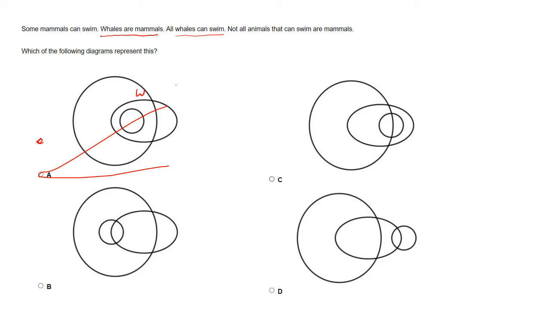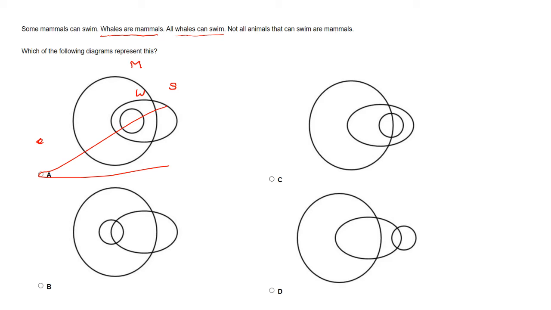So if the oval represents the animals that can swim and the big circle represents the mammals, you can see that that describes the whole thing, because all whales can swim, so they're all contained within that oval area, but there are some in this region here on the outside which can swim but which are not within the big circle, so they can swim but they're not mammals. On the other hand, all whales are within the big circle, so all whales are mammals, so that fits.